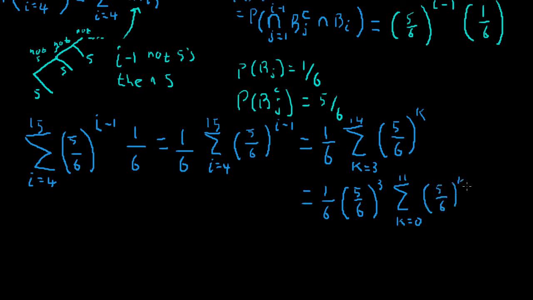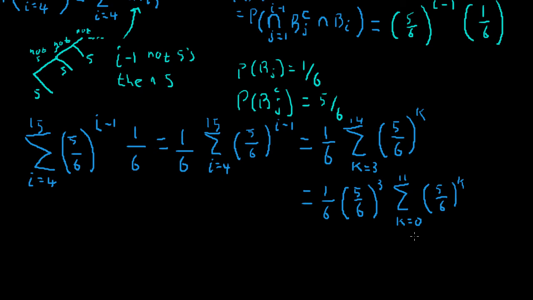And I could have given this a new variable name again if I wanted to, but I didn't have to. k is just a label. It could be squashed cockroach. You could call it whatever you want. So I pulled out this 5/6 cubed because it starts at 3.